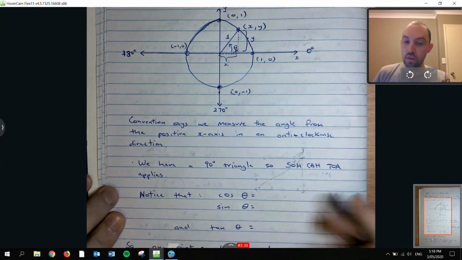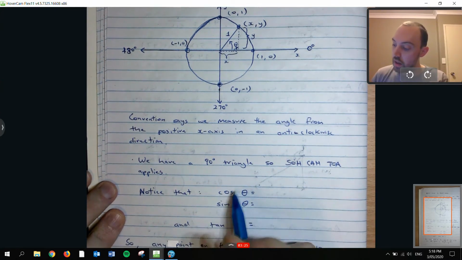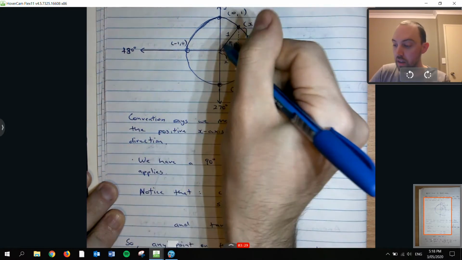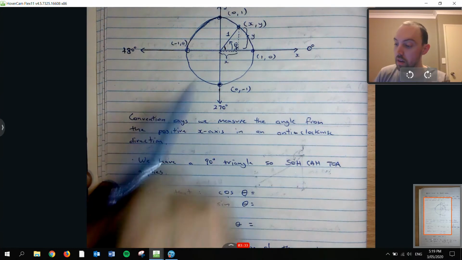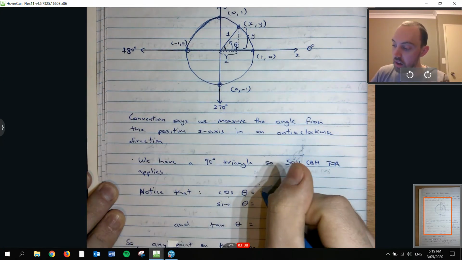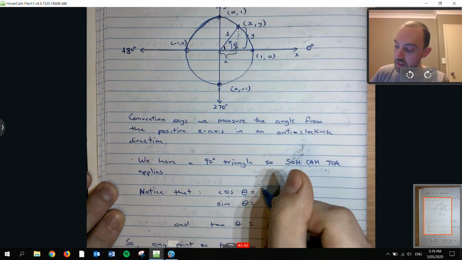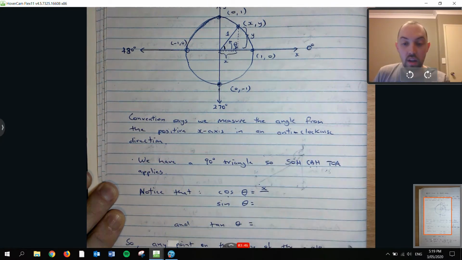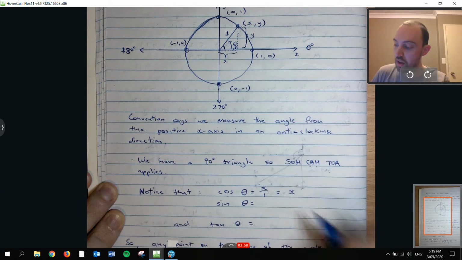Okay, so if we have a radius of 1, then cosine of this angle theta in here, just in case my diagram is not clear, that angle in there, then cosine is CAH, adjacent over hypotenuse. So the adjacent is the x distance and the hypotenuse is 1, so it's simply the x value.